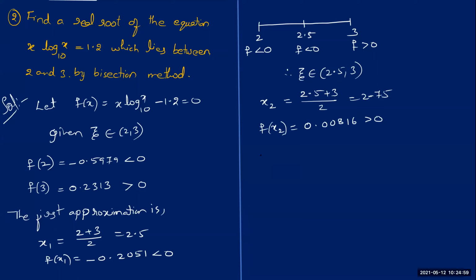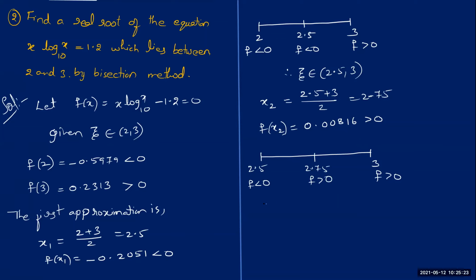Since this is positive, I'm just taking a diagram again. It's better to take diagrams to avoid confusion, especially in the bisection method. Before getting x2, the interval is 2.5 and 3. At 2.5, we got the negative function value, and at 3, it was positive. Now at the middle point 2.75, we got this also positive.